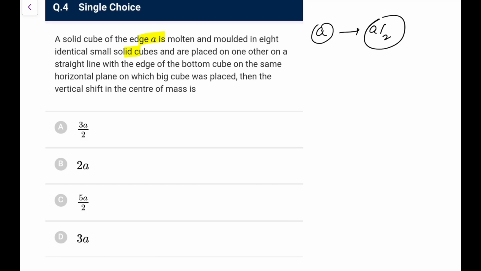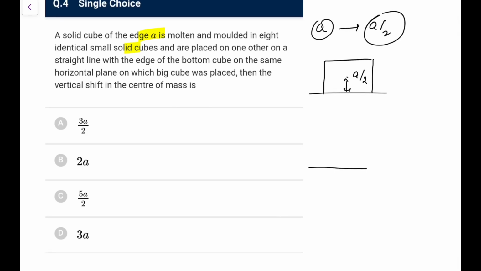I think this question was a repeated one. Initially you had this solid cube, so the initial CM was at a height A/2. Now you have 8 cubes. The first one would be at A/2 half, that means A/4. The second one would be at 3A/4, and similarly you can make it out.